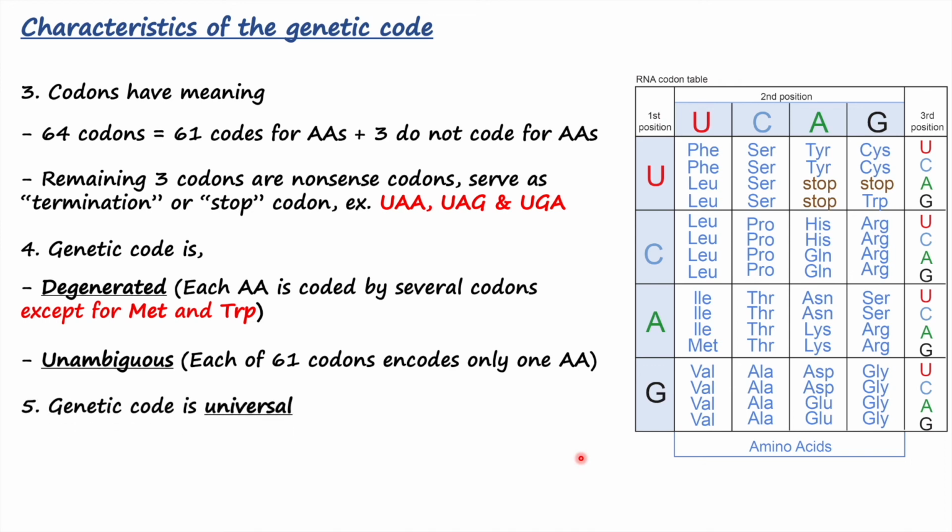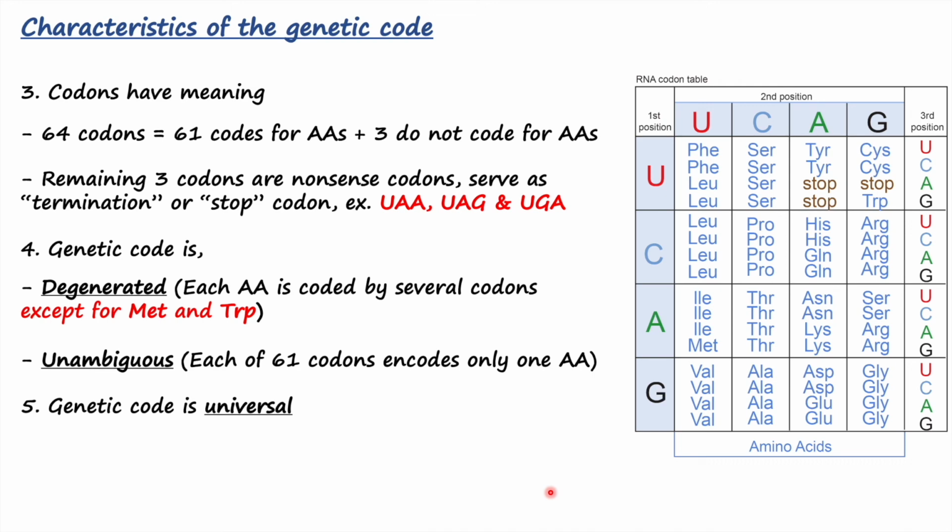And the last is that the genetic code is universal. Universal means its specificity has been conserved from very early stages of evolution, and it is virtually universal across all organisms such as archaea, bacteria, and eukaryotes.